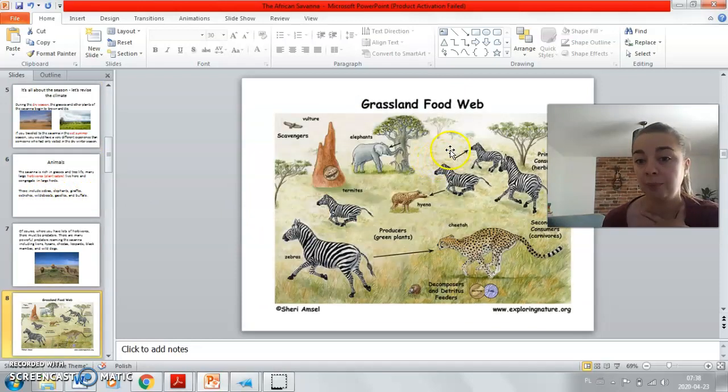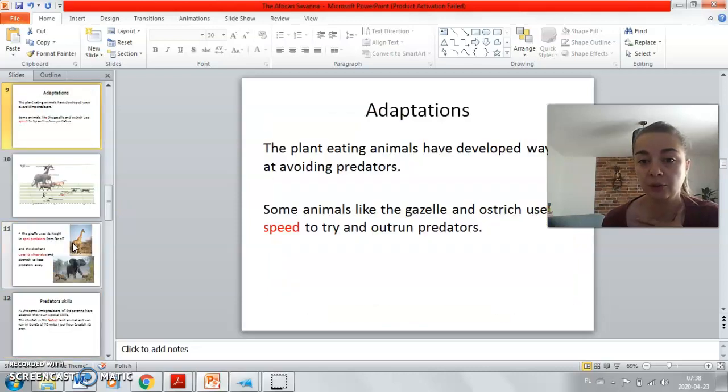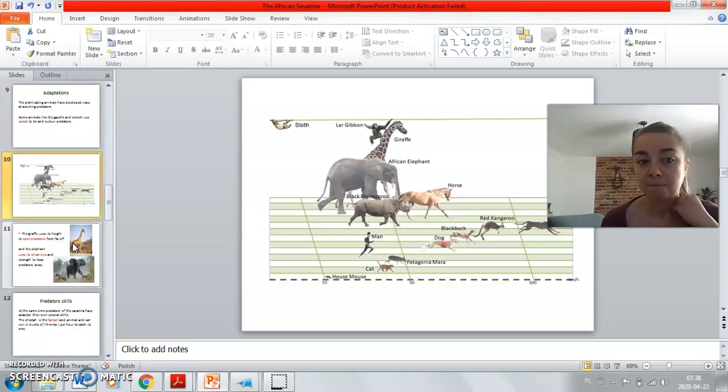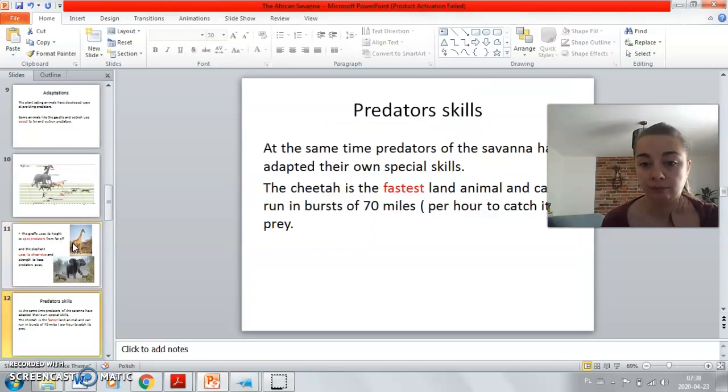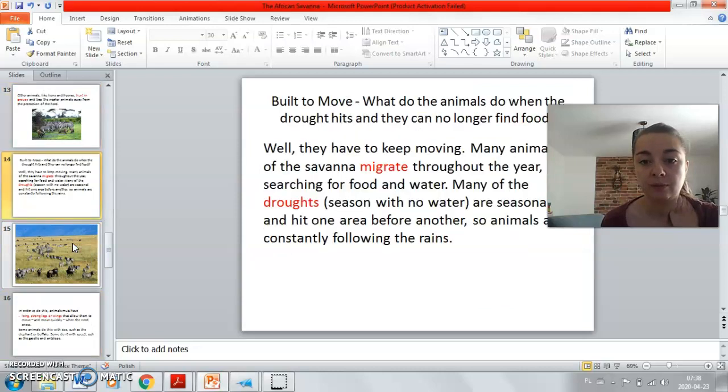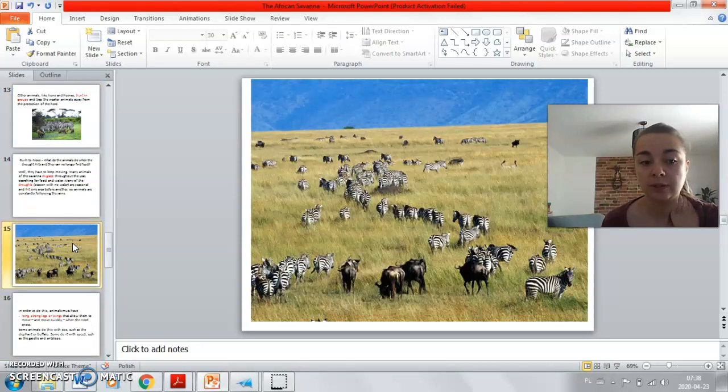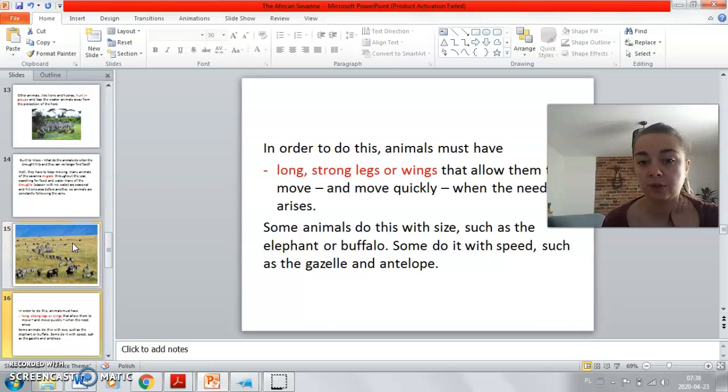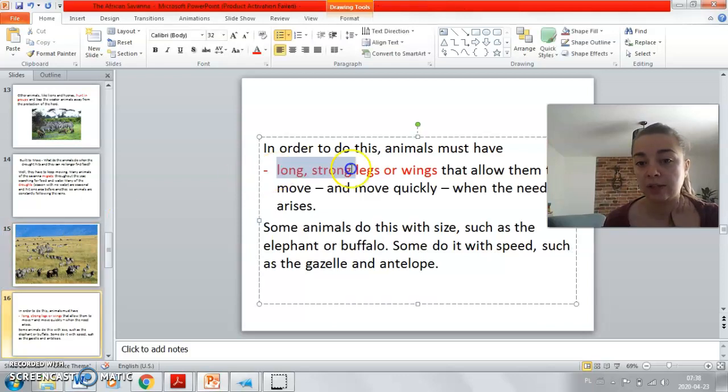and then the pictures, because the pictures may present you the main ideas as well. Okay, so red ones, pictures. So long, strong legs or wings that allow them to move quickly.